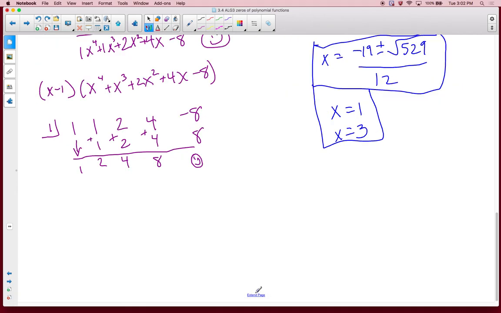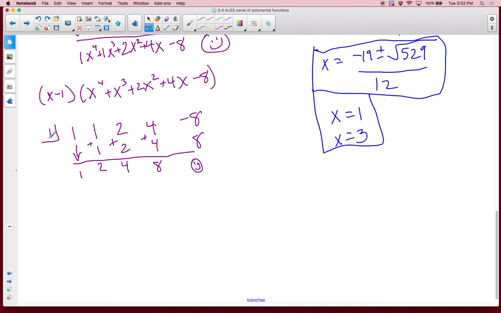So, here's what this means. We have another 1, which means I have x minus 1 times x minus 1, or you can write x minus 1 squared, times my constant, linear, quadratic, and cubic. Okay. So this is x cubed plus 2x squared plus 4x plus 8.